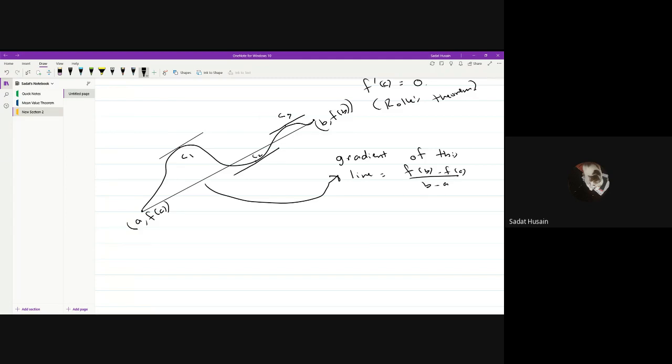We found 3 points, right? f prime of c1, f prime of c2 and f prime of c3, they're all the same and they're equal to f of b minus f of a divided by b minus a.